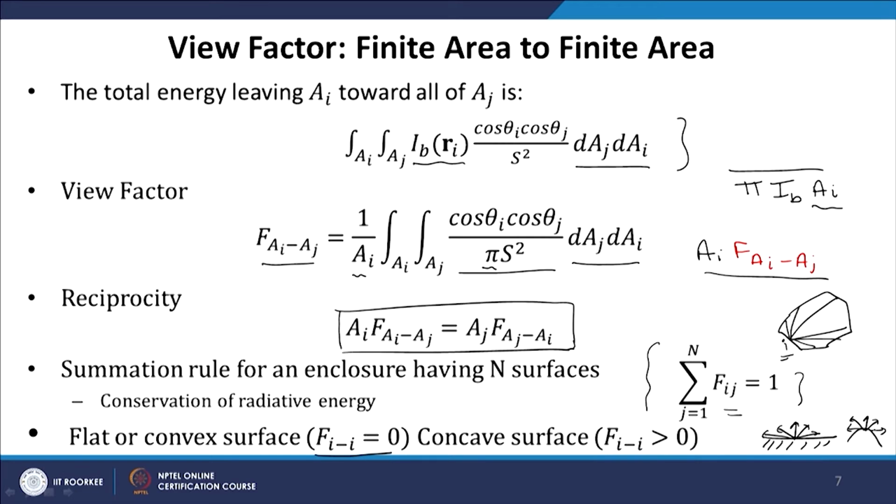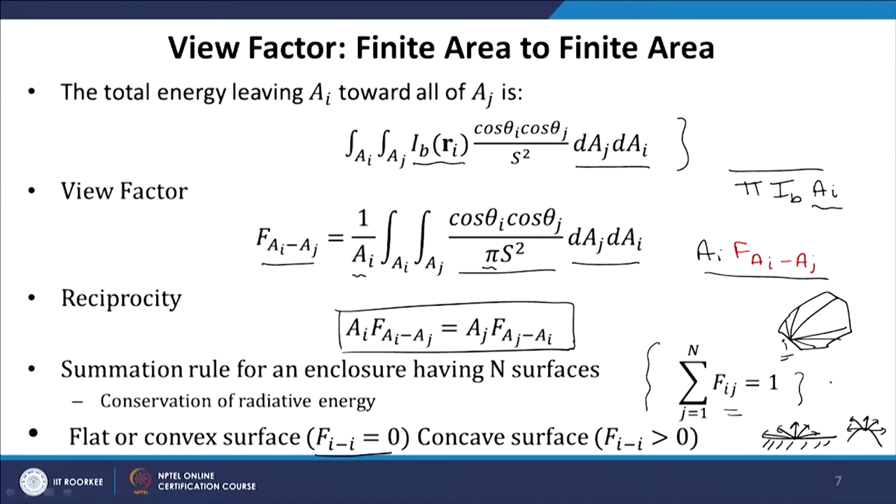So, for these two surfaces, the view factor Fii, that means the view factor to itself, will be equal to 0. On the other hand, for concave surfaces, the view factor will not be equal to 0, it will have some finite value, because some amount of radiation leaving this surface will actually fall upon this surface itself, okay. So, Fii for concave surfaces will be greater than 0.